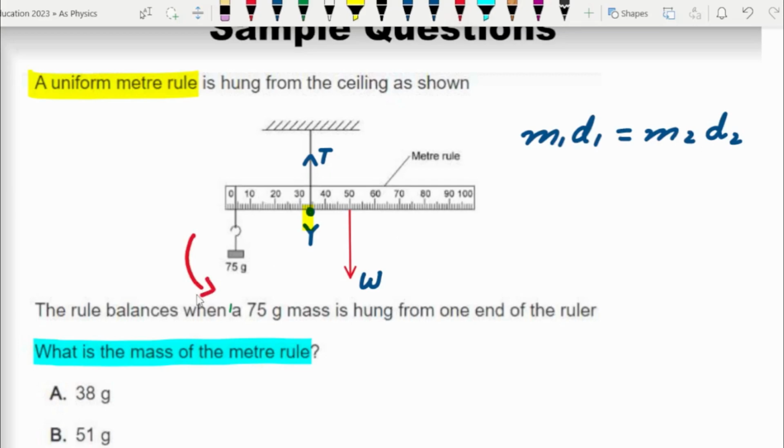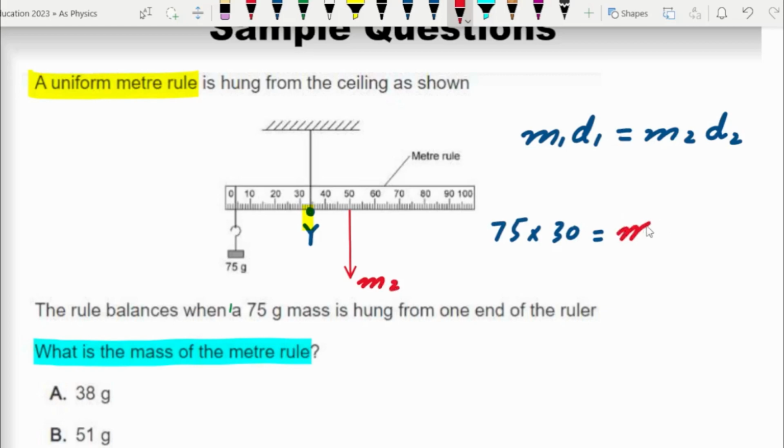So what we can do is M1 D1. What is M1? 75. What is D1? The distance of this force from the pivot. It's ending at 34 and starting from 4, so it would be 30, equals M2, which is written as it is. Okay, let's consider it in terms of mass and forget about the weight.